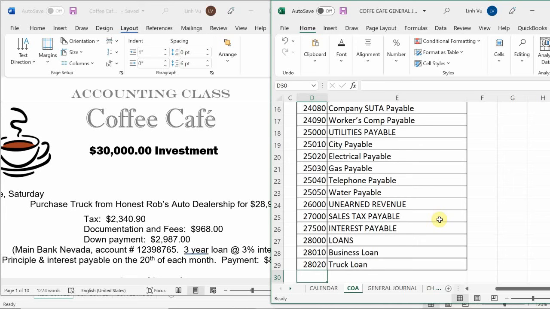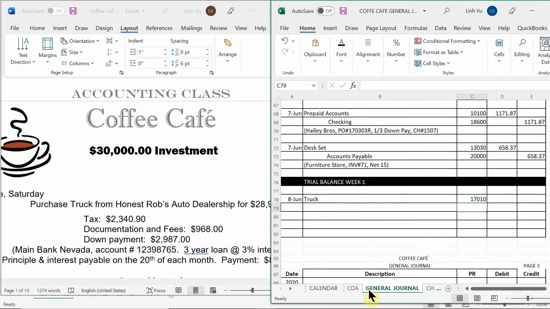Okay? But is there... No, 2820. Yes, in this case, I have other loans that I could take. I can take a business loan, but in this case, this is specific. It's a truck loan. So 2820 is going to be my truck loan.